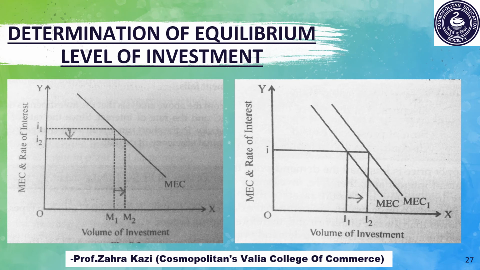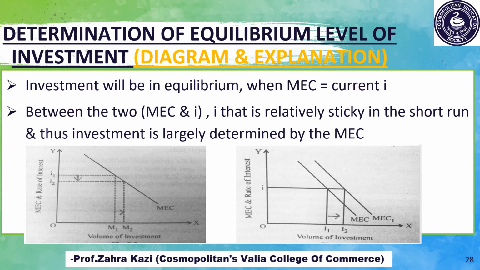These are the two diagrams under the topic of determination of equilibrium level of investment. Let's understand each of these diagrams in detail. On the x-axis, we plot volume of investment, while on the y-axis, we plot MEC and the rate of interest.